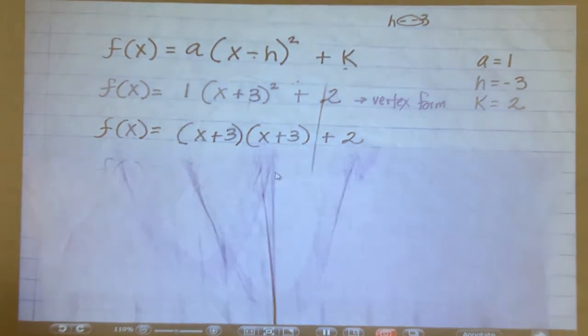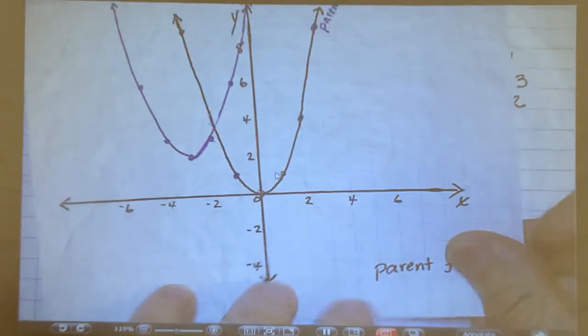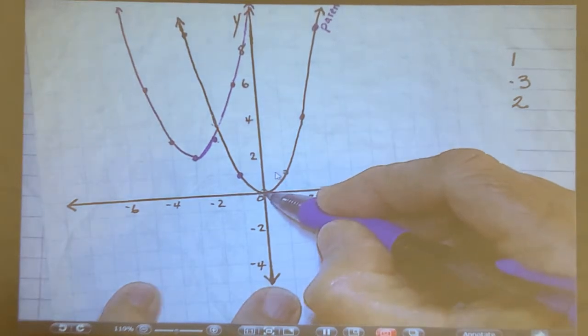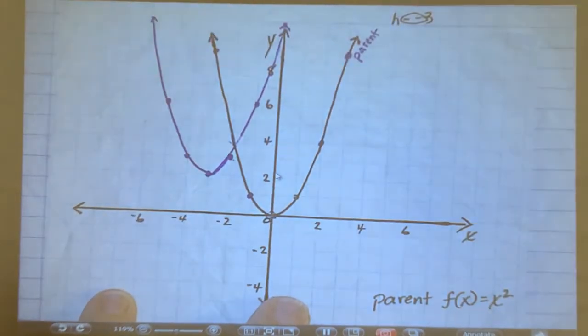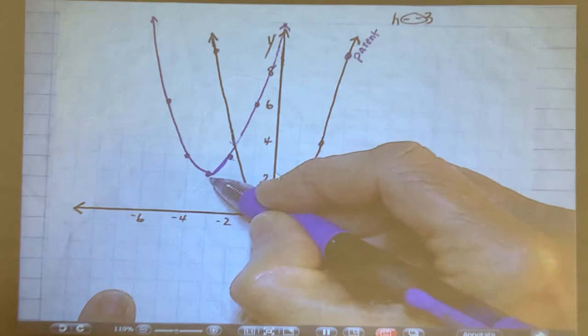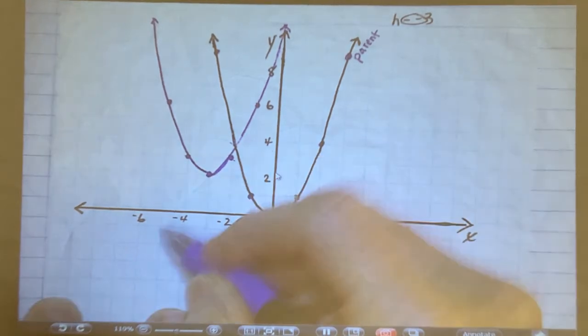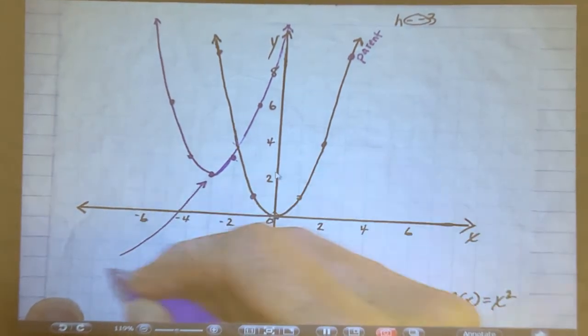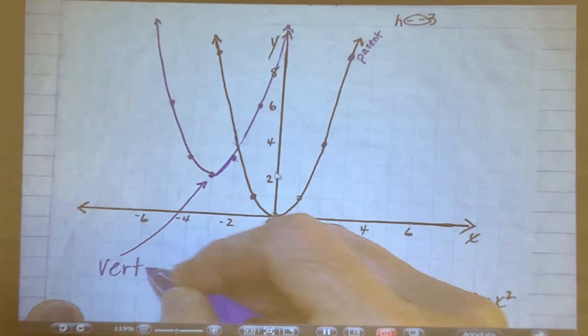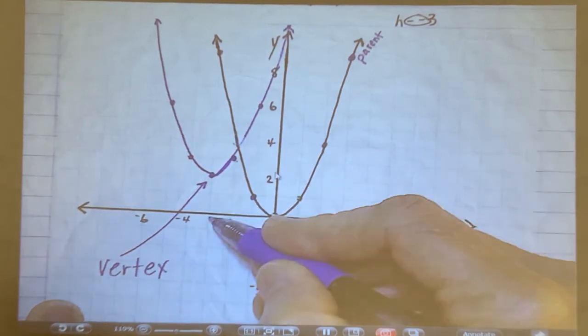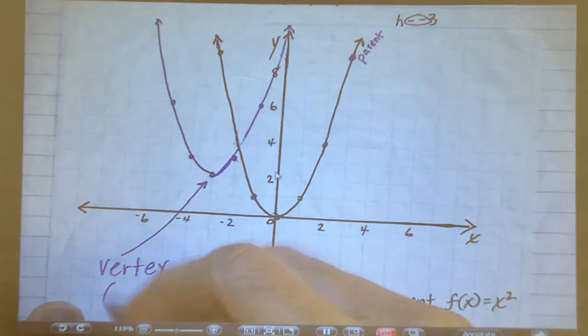Okay, but let's take some note of this. Notice that the vertex here was at 0, 0. Since this is called vertex form, let's pay attention to the vertex. The vertex right here is at -3, +2.